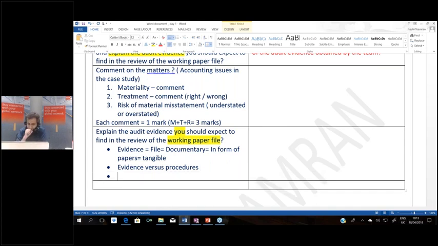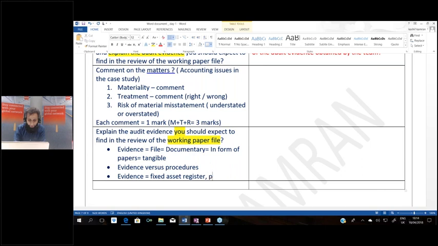For example, if I'm writing an evidence, the evidence could be the fixed asset register, because that is tangible.